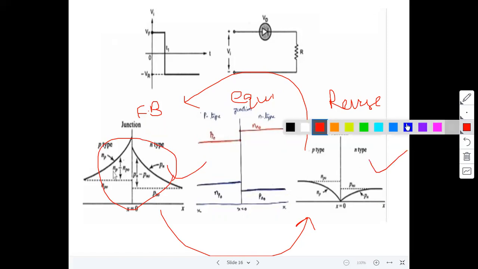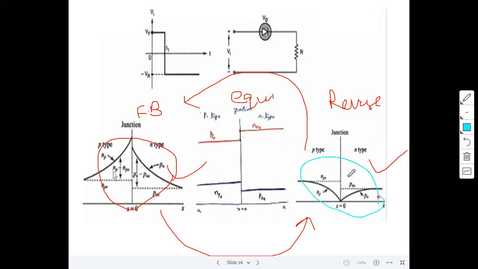Similarly, suppose the diode already operated in reverse bias and suddenly we apply a forward bias, the distribution is replaced like this. In between, it will enter an equilibrium state. So it will take a certain time to change from forward to reverse or reverse to forward bias, right?